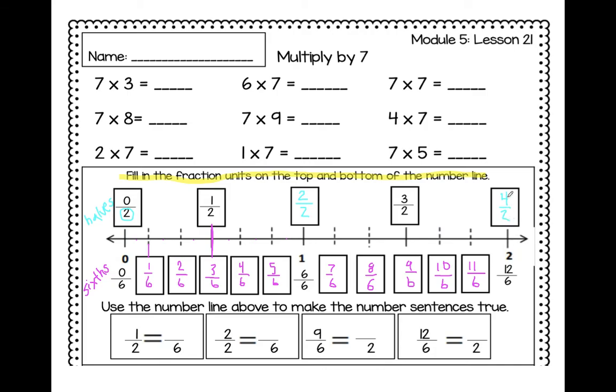Now you can see that the 4 halves and 12/6 are equivalent. They both line up at the whole number of 2.